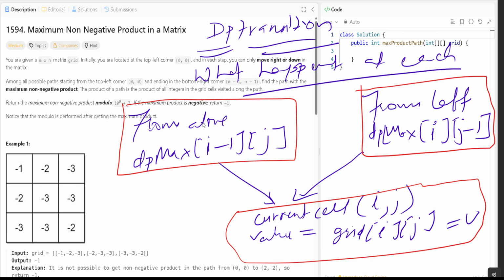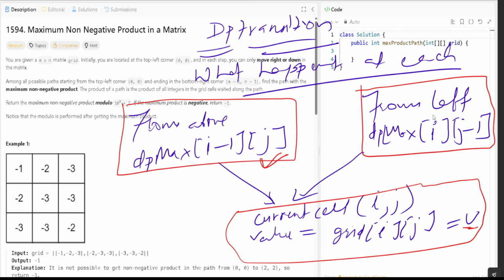So the DP transition is exactly this: we have to compute the 4 candidates. The possible candidates are something coming from dp max i minus 1, j, and this value gets multiplied with the current cell value, so it is coming from above, correct?